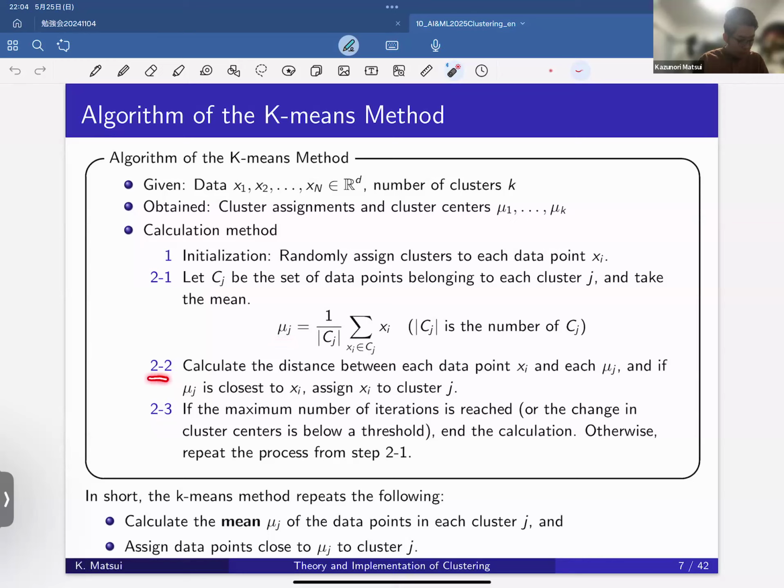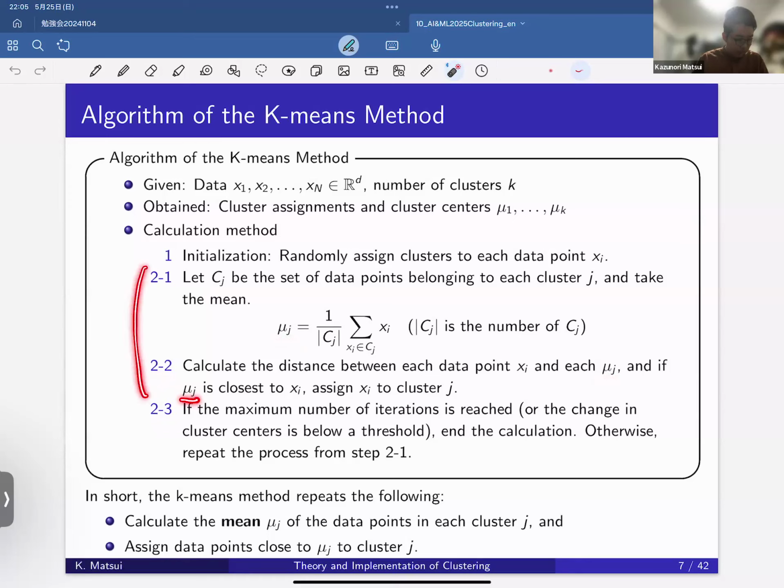Next, we calculate the distance between each data point and the obtained center of gravity. If the center of gravity mu 2 is close to xi, we assign xi to cluster J.